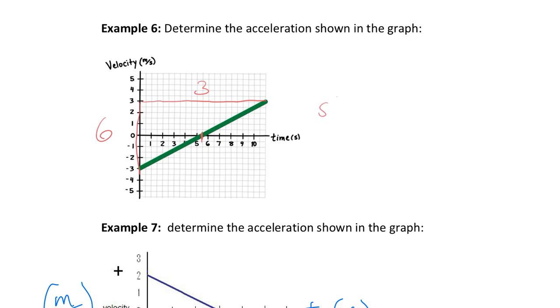So the slope would be 6 over 3. And it's positive because it's going uphill, rise over run. So that's acceleration.